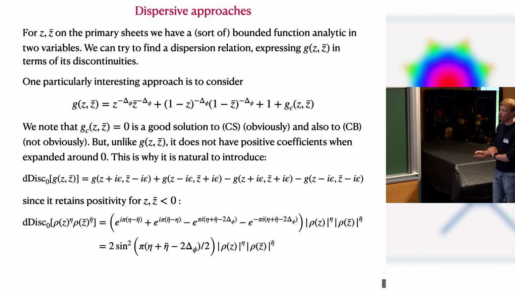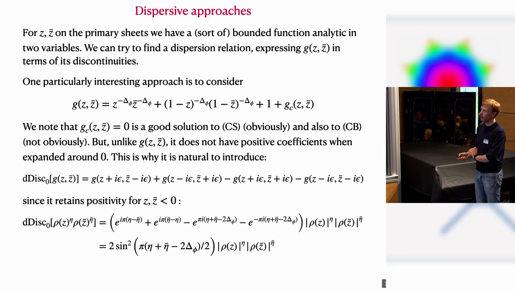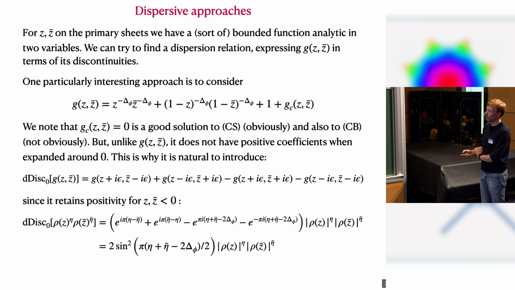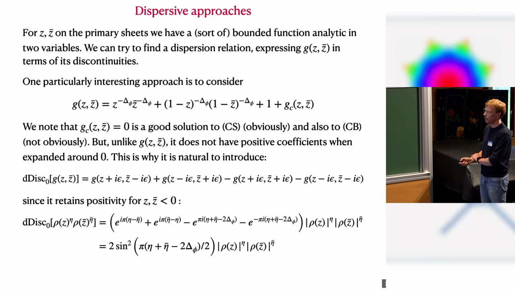So what happens is that if you take a monomial, rho to the eta, rho bar to the eta bar, and you compute its double discontinuity around 0, z and z bar are supposed to be both negative here, and you go either below or above the branch cut in this particular combination. Well, you get some e to the i pi etas and eta bars, and then there are some delta phi's.